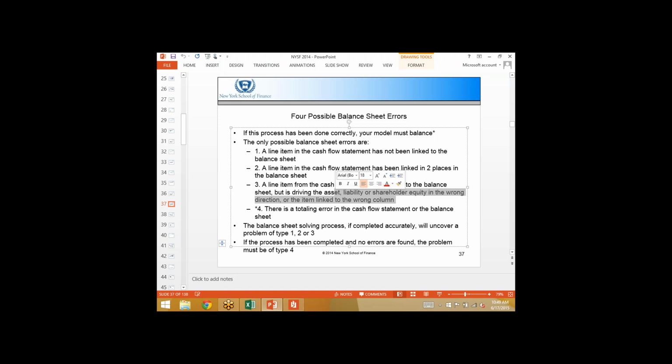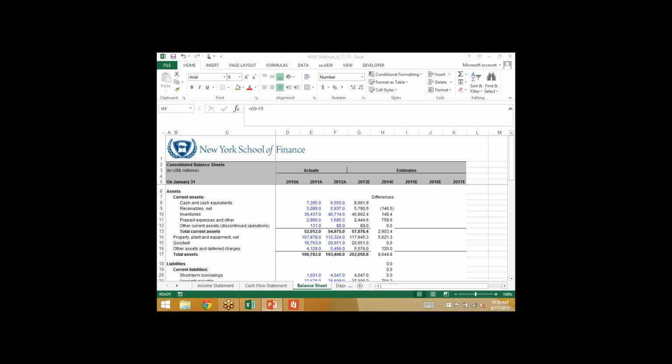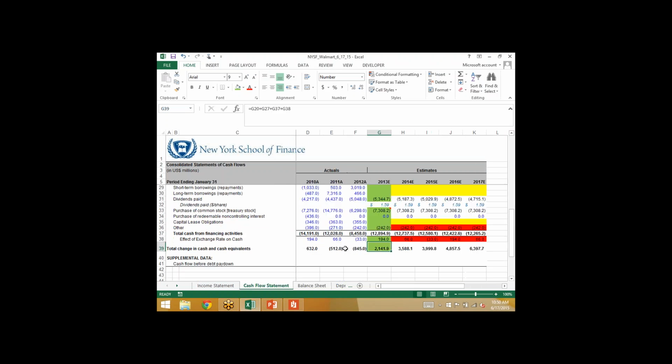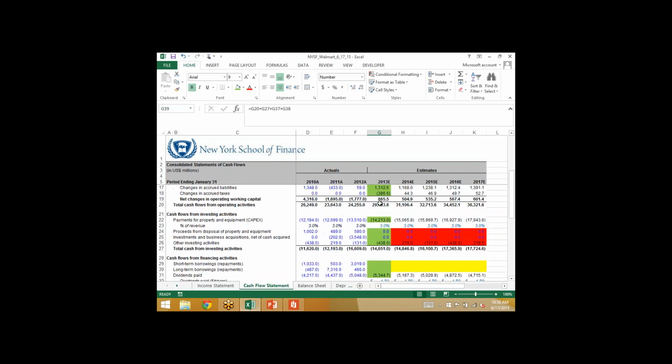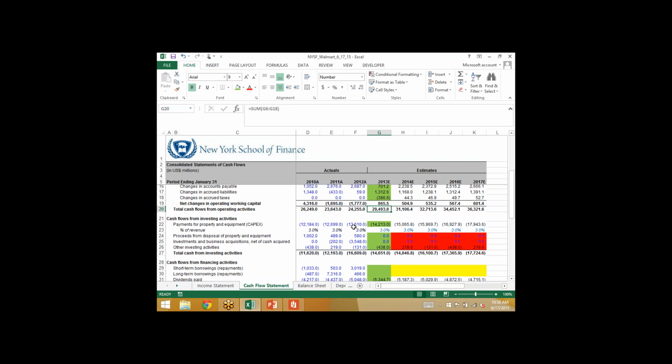If the number matches, but it's going the wrong way, then you're messing up your pluses and minuses. There is a way, though, where you go through the whole process, everything's checked off once, you've used every single line item, everything's going the right way, and it still doesn't balance. That means there's a totaling problem, like the mistake that I made. You've got to add up your operating activities.